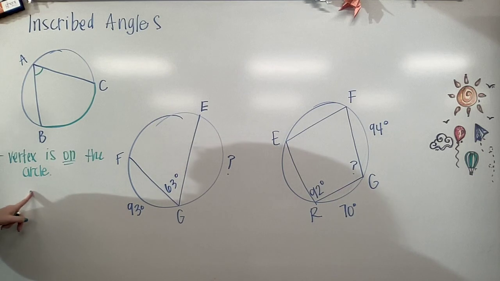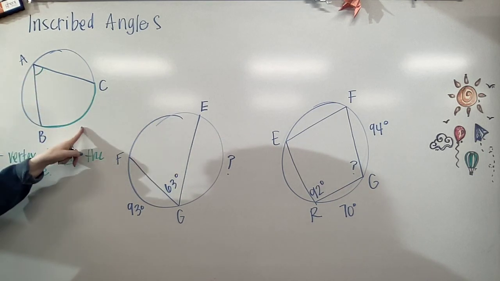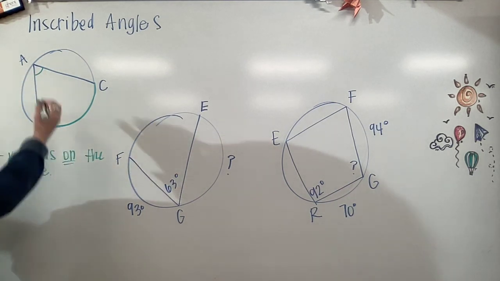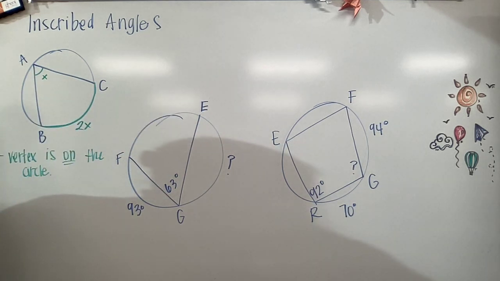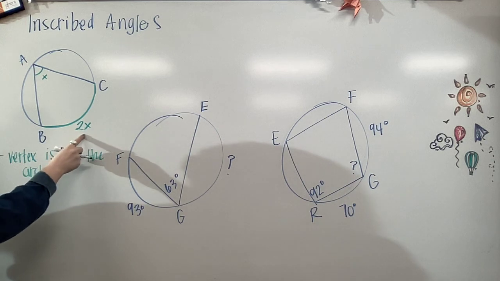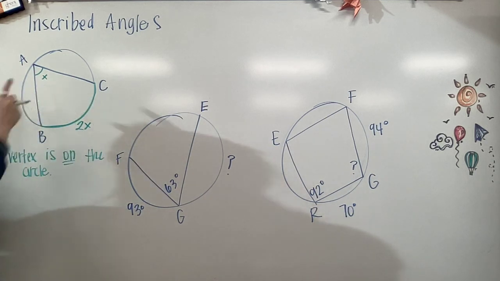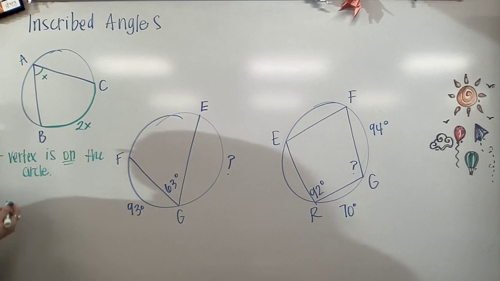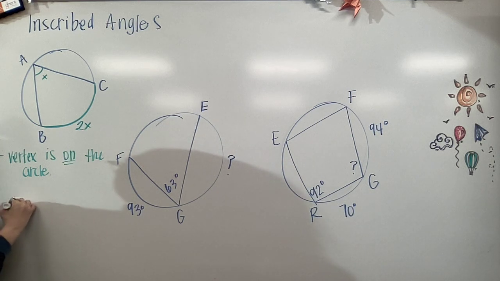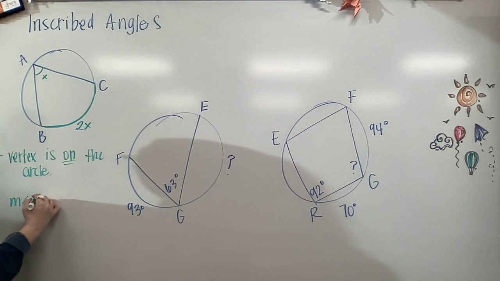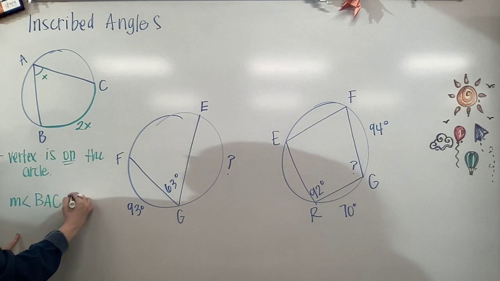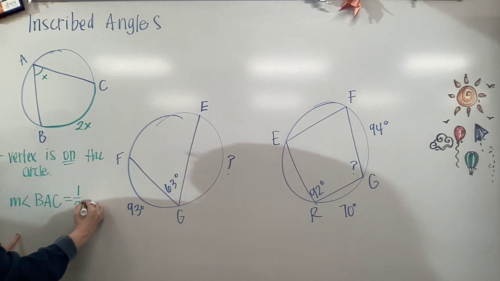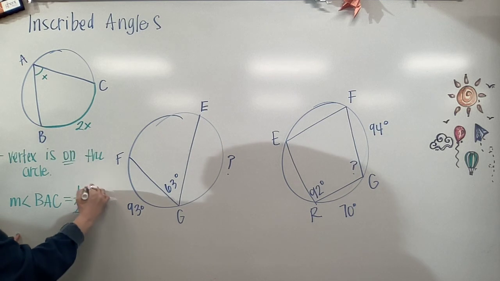The relationship between an inscribed angle and its intercepted arc is the angle is half the arc measure, or the arc measure is twice the angle measure. So if I were to write this out, the measure of angle BAC is equal to half the arc length BC.